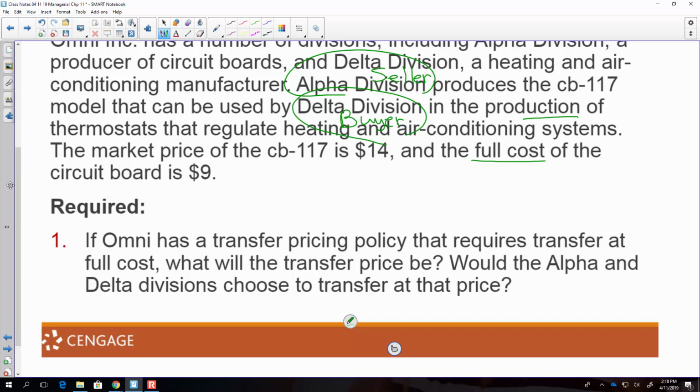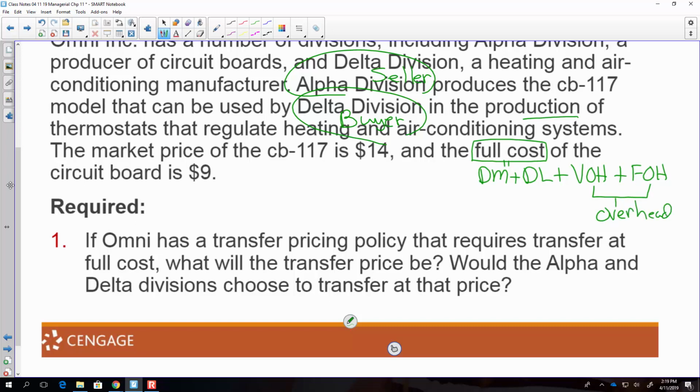Now, this definition we haven't used in a while. Full cost means direct material plus direct labor plus variable overhead plus fixed overhead. So there is a distinction in overhead between variable and fixed.